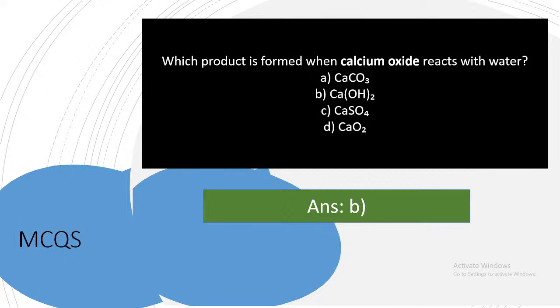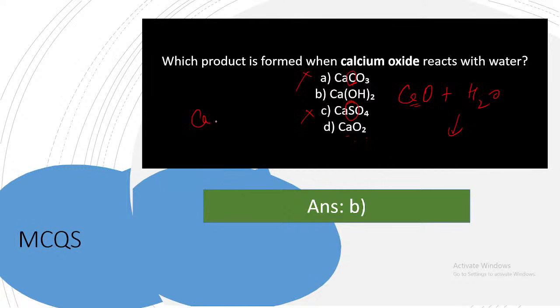If you see it logically, for calcium carbonate, calcium oxide plus water, you don't see any carbon here, right? So carbonate is not there, it cannot be calcium carbonate. Sulfate is the same, there is no sulfur in any reactant. Now calcium oxide is already given, and there is no product called CaO2.